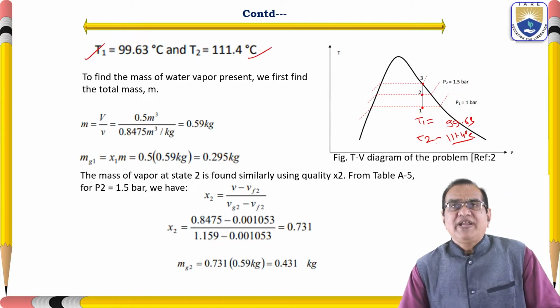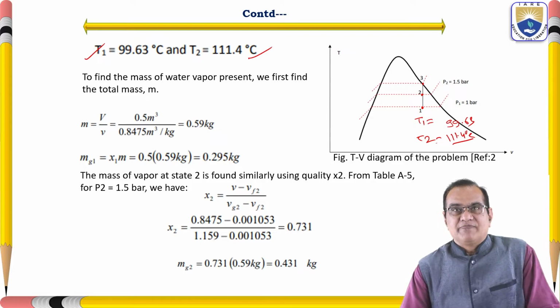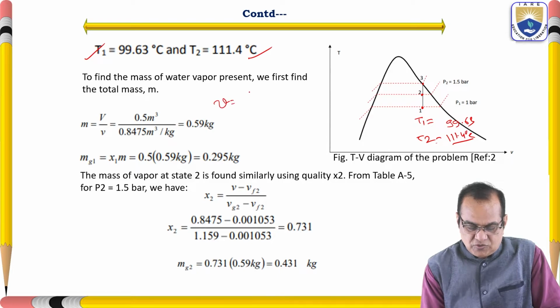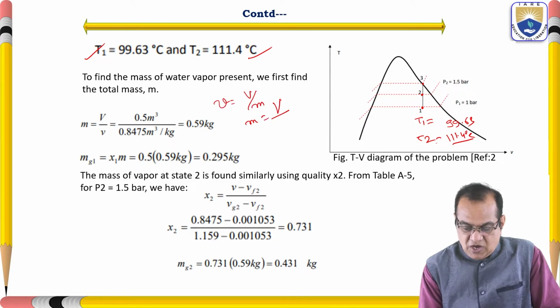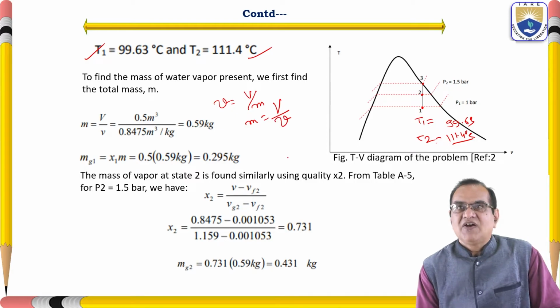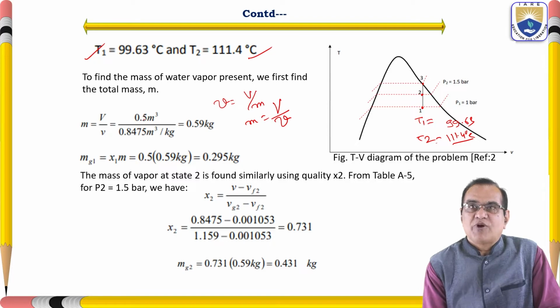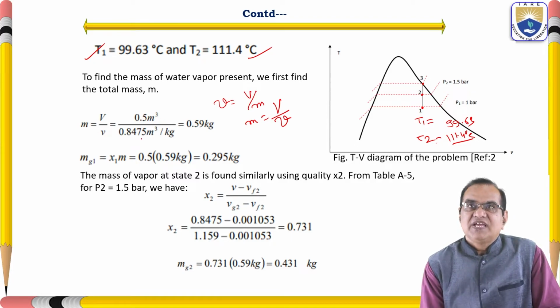Now to find the mass of the vapor present, we first find the total mass m. We know that specific volume is volume per unit mass, so mass is equal to total volume divided by specific volume. The total volume given in the question is 0.5 meter cube, and we have got the specific volume as 0.8475 meter cube per kg.